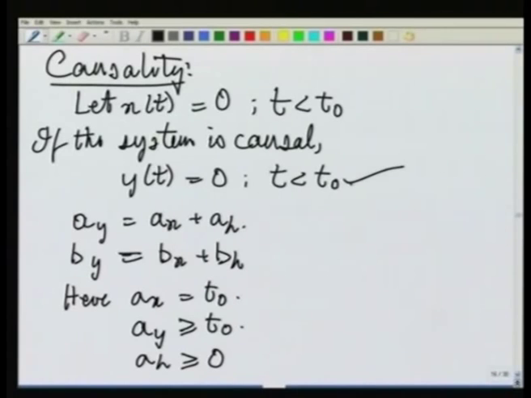So, since the system is linear and time invariant, we assume that it has an impulse response, and the impulse response function, which gets convolved with x(t) to get y(t), must have this property that the left side limit of its support must be greater than or equal to 0; it cannot be less than 0.